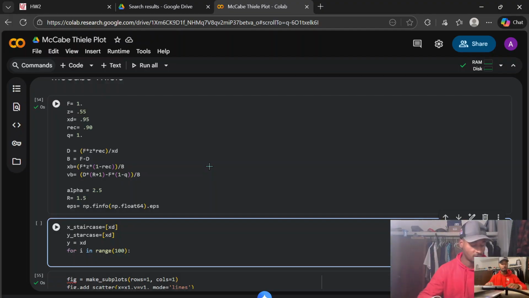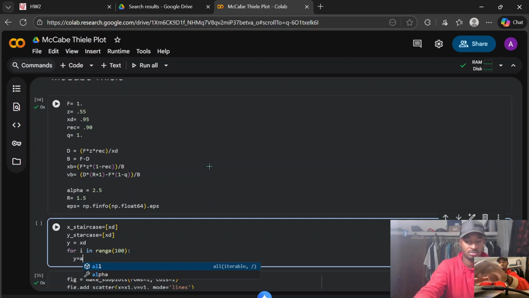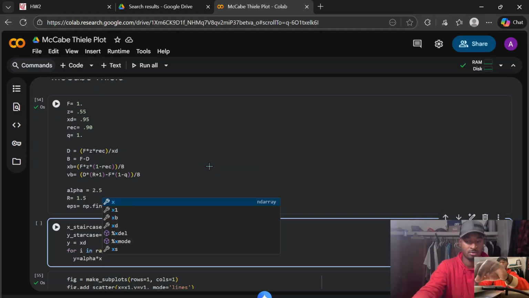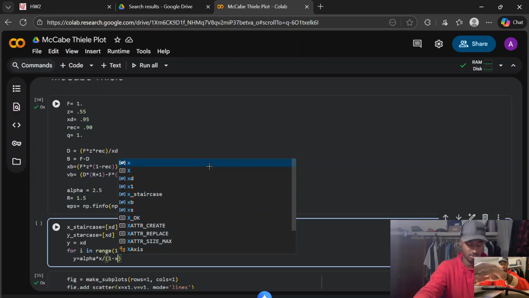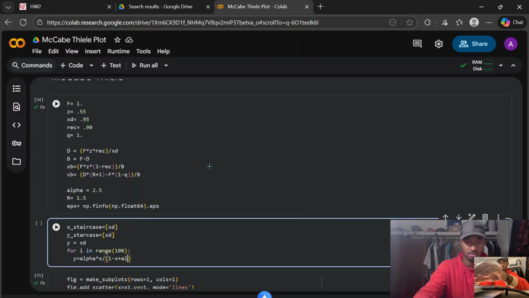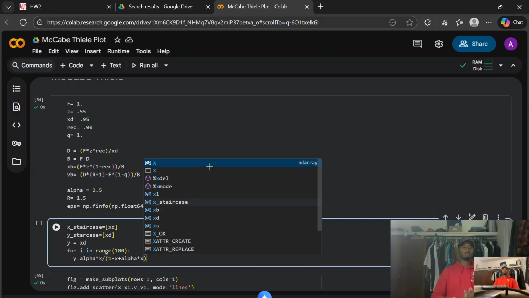So if we remind ourselves what equation we're talking about here. So we know that y is equal to alpha, let's call this alpha here, times x, right? And that's all divided by 1 minus x plus alpha times x, right? So we need to be able to reorient this equation to solve for x here.